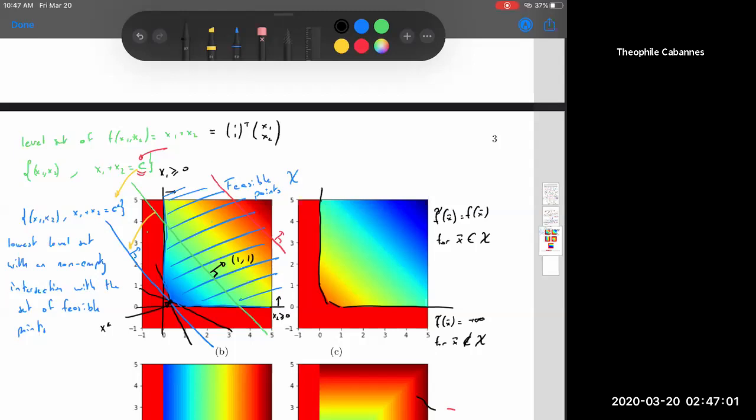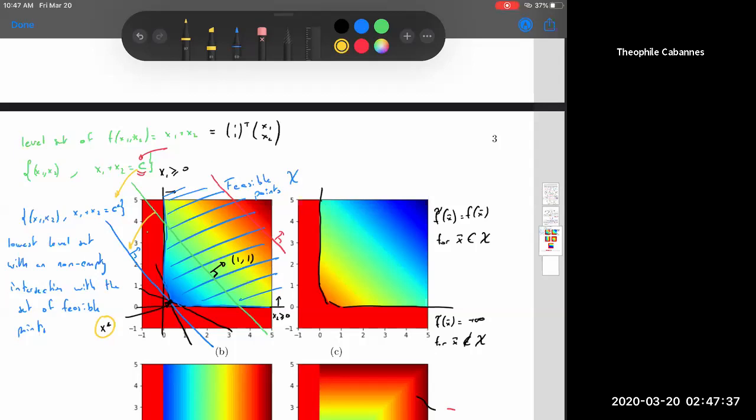You will probably see this in next lectures. Once you are at this corner, you know that you have only one point for the intersection between your level sets and your feasible points. So this is the lowest level set with a nonempty intersection with the set of feasible points. So you have your optimal point here. I'm sorry if this is not clear, and you will probably understand it better when you do linear programs.